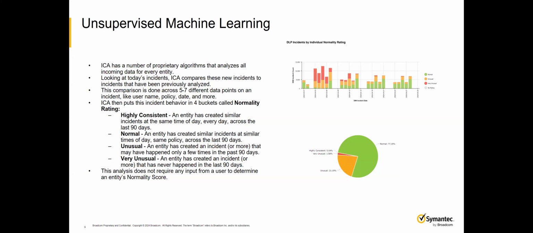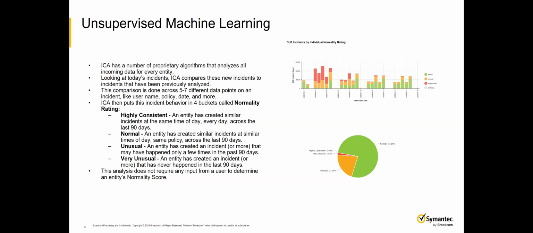ICA will look at the data, analyze it, and compare it with what it has seen happen previously. So ICA sees new incidents and determines, how does this compare to all of the rest of the incidents I've seen at this particular time of day, as an example? ICA completes this comparison using around 5 to 7 different data points as part of that proprietary algorithm.